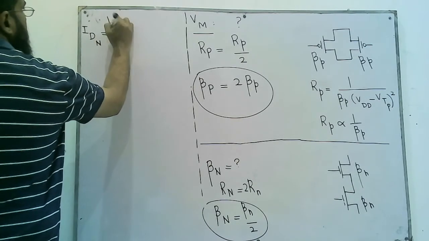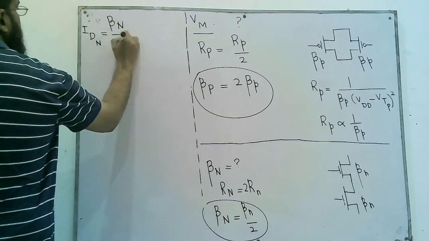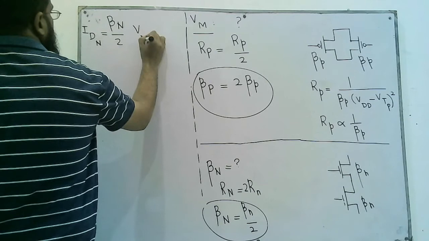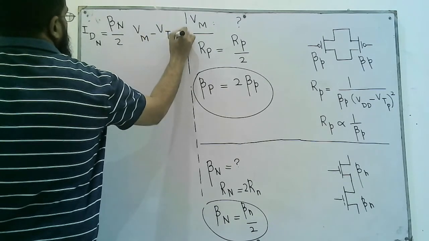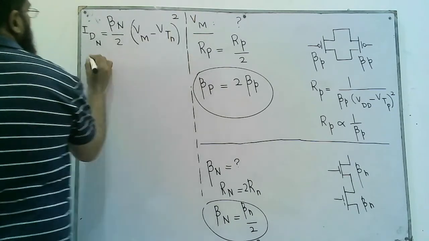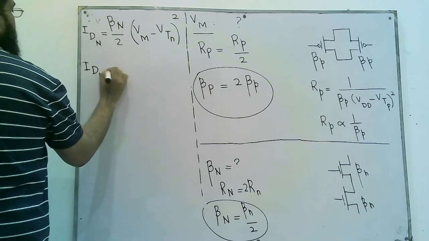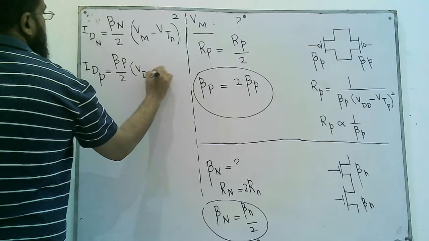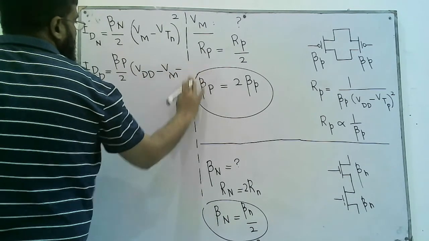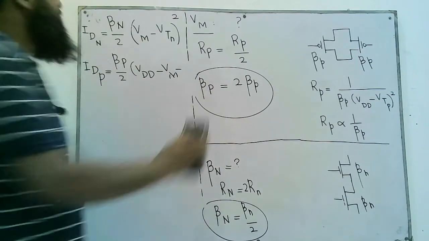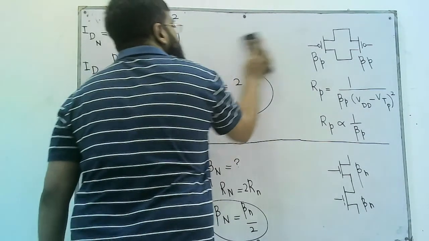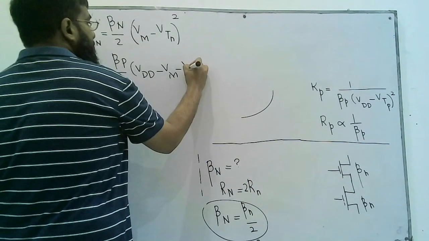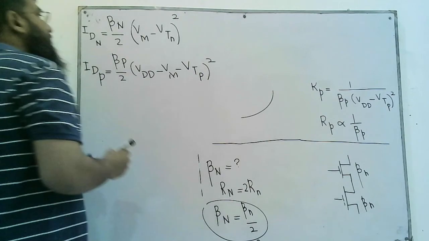IDN is beta n divided by 2 times (Vm minus VTN) squared, and IDP is beta p divided by 2 times (VDD minus Vm minus VTP) squared.